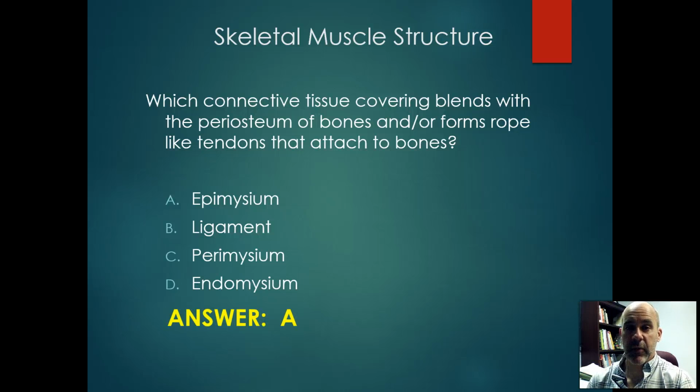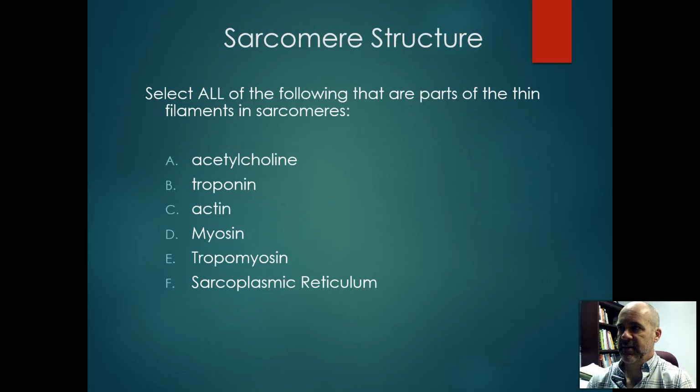And you should know what those other words mean. We just went over perimysium and endomysium. What's a ligament? Remember, ligaments are dense connective tissue structures that connect bones to bones. Ligaments connect bones to bones. Tendons connect skeletal muscles to bones.